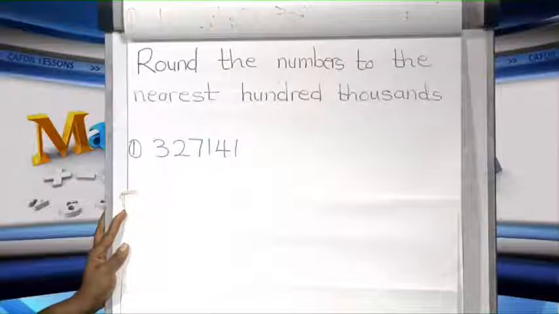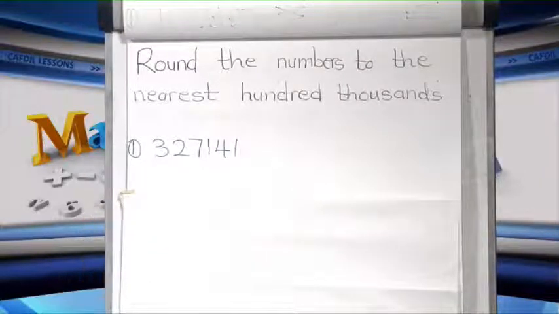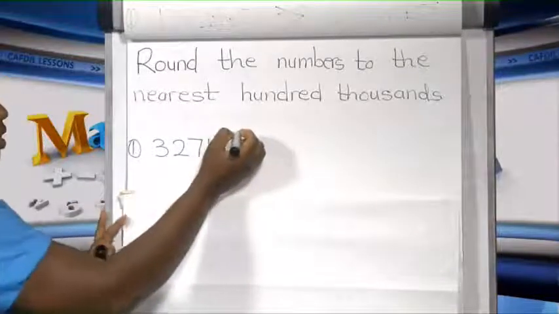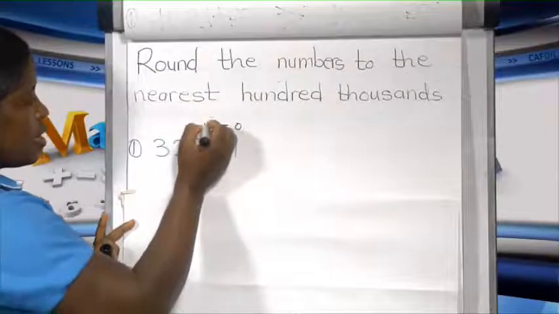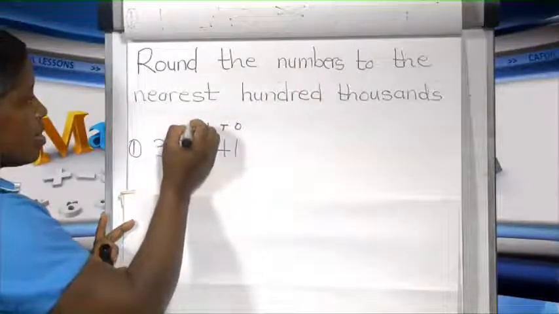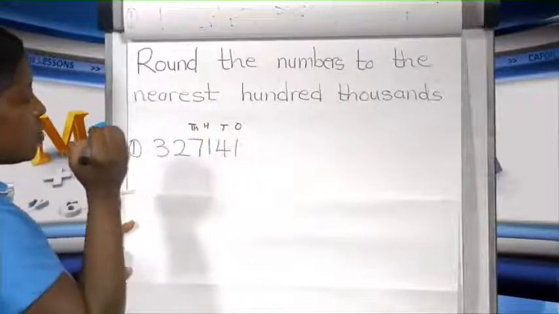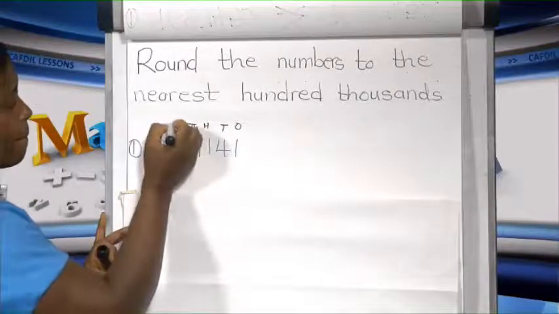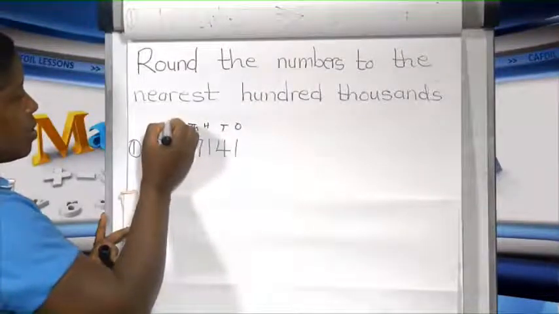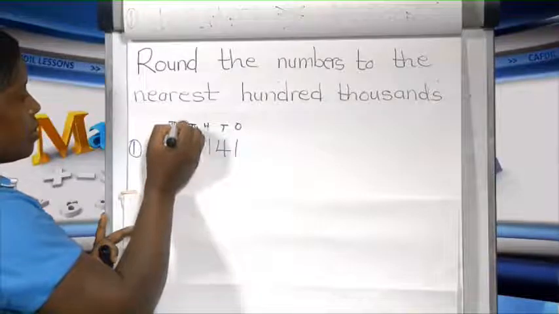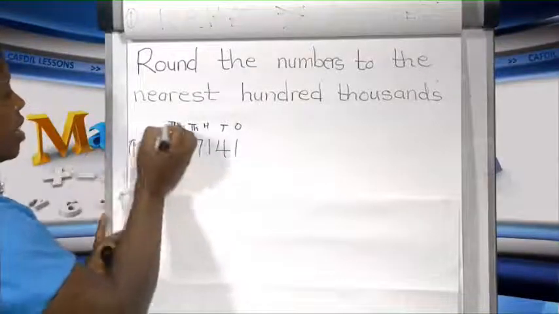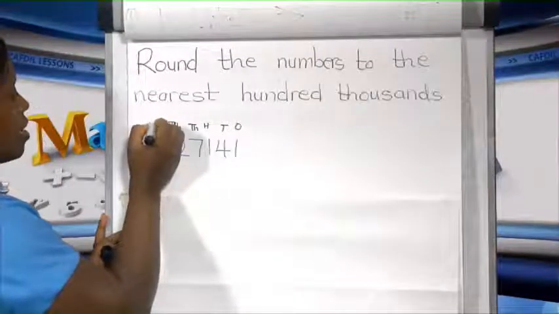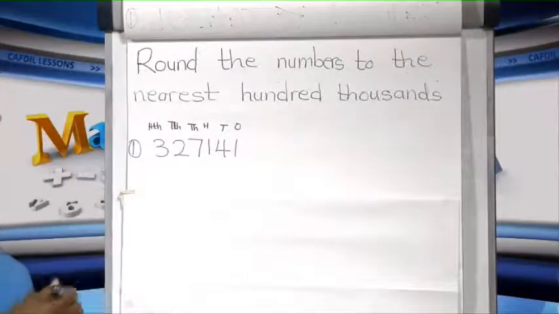With this, you should know the place of each of the digits over here. You know this is the ones, tens, hundreds, thousands, ten thousand, and then 100,000s.